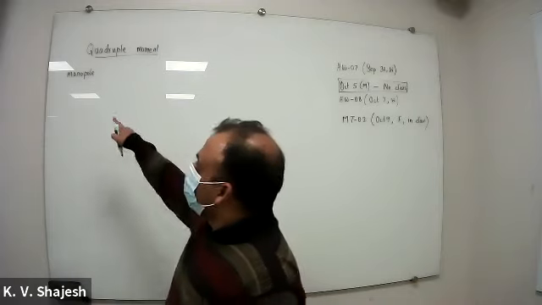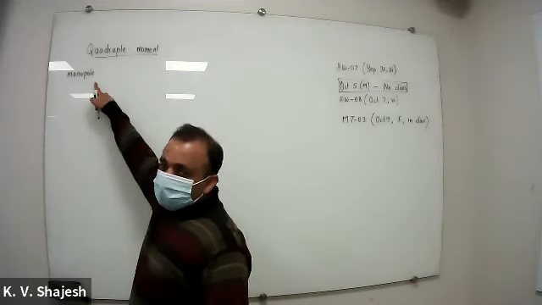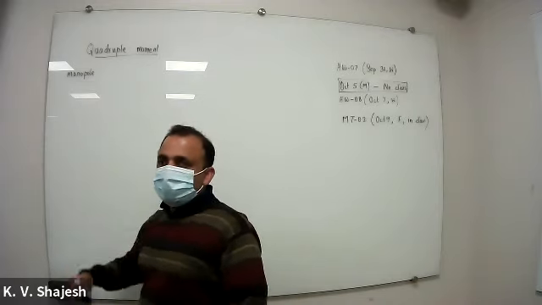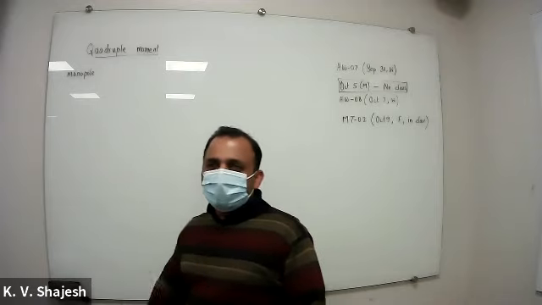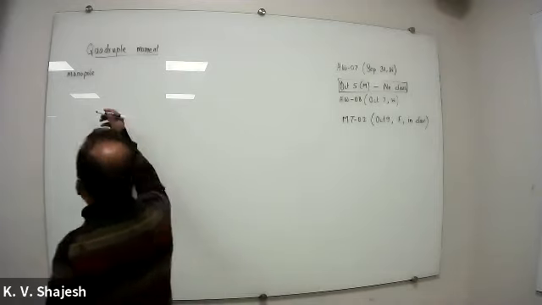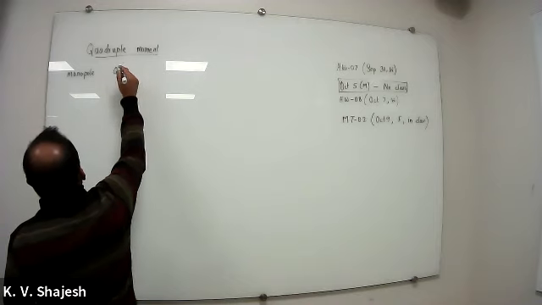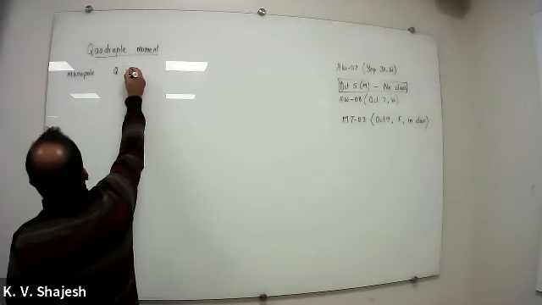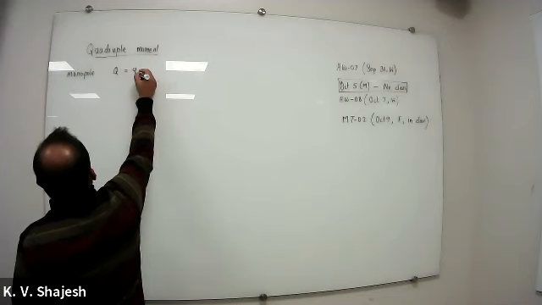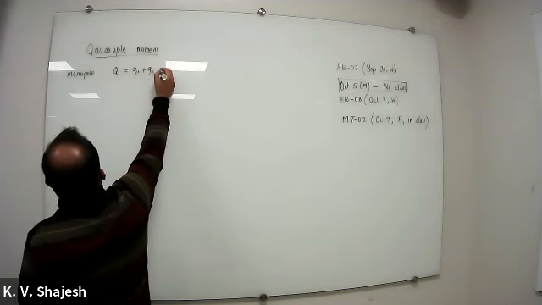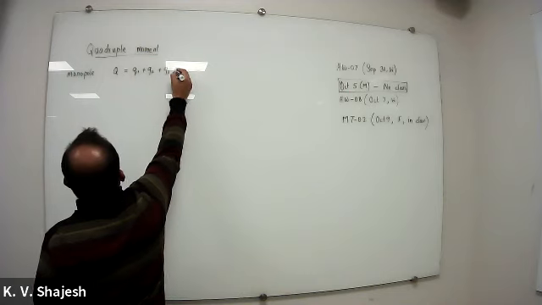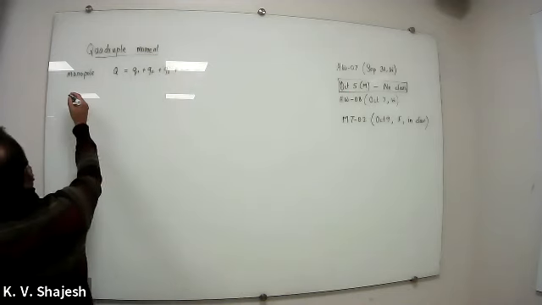And we pointed out that if the monopole is not zero, then the dipole moment is dependent on the origin. So it is not unique, and in that sense, it's not very useful. But the definitions remain. Definitions are useful. So Q is Q1 plus Q2 plus Q3, and so on, the sum of charges.